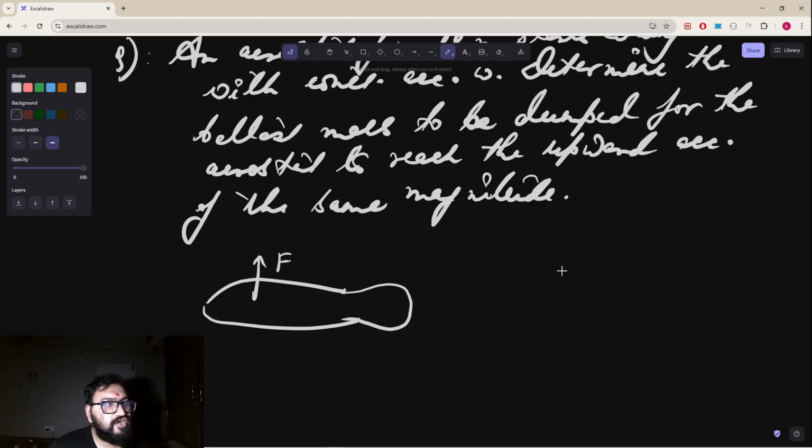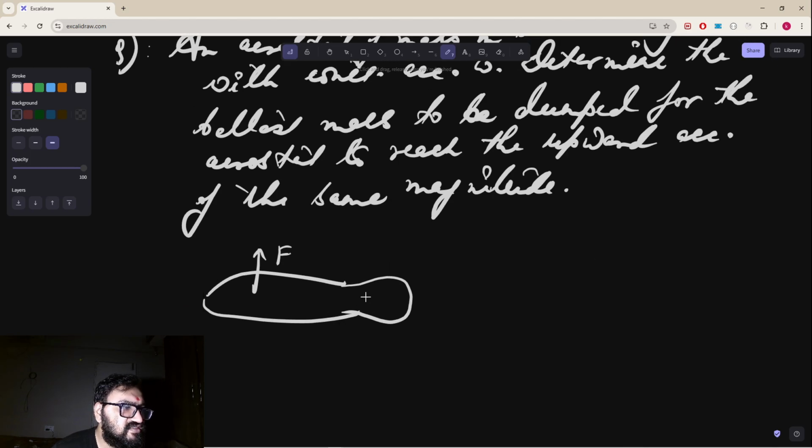In the first part of the problem, it has been said that this aerostat has mass m, and it was moving down with an acceleration equal to omega.